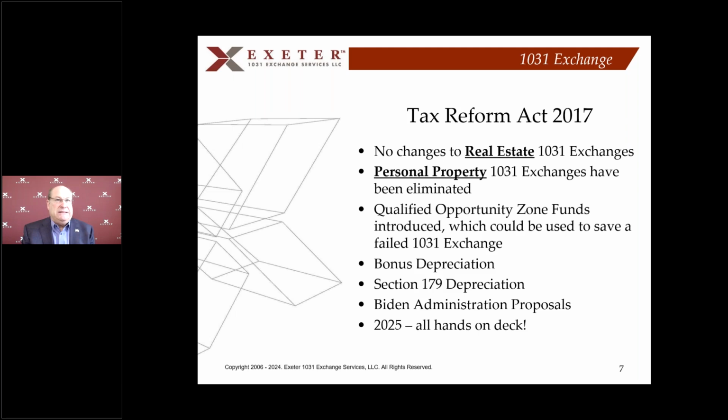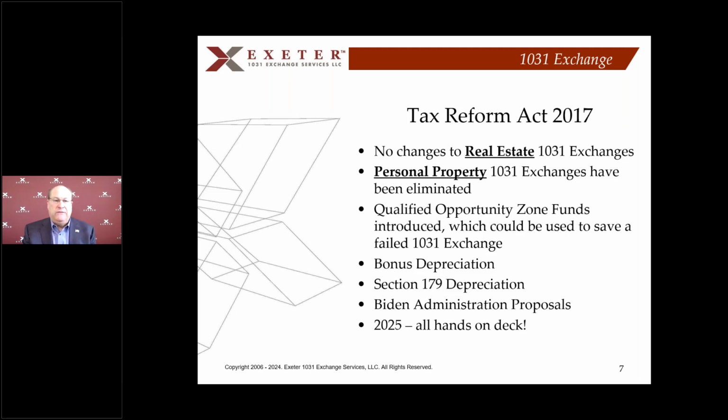The proposal is to limit the amount of gain that any one taxpayer can defer to no more than $500,000 per year per taxpayer. So a married couple could defer $1 million per year of capital gain tax. Now, none of that ever went anywhere. In 21 through 23, they never went anywhere. In 24, we don't think that's going to go anywhere. Congress is too divided. And of course, it's an election year, so nobody wants to rock the boat. But the one warning here is 2025 is right behind us.